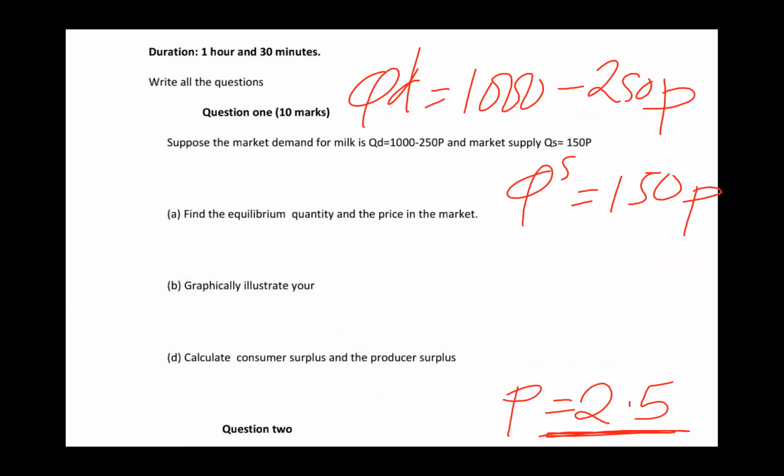The answers are always the same. Sorry, sir, I'm on the road. Okay, I was saying you can choose either of these two equations to give us the equilibrium quantity.